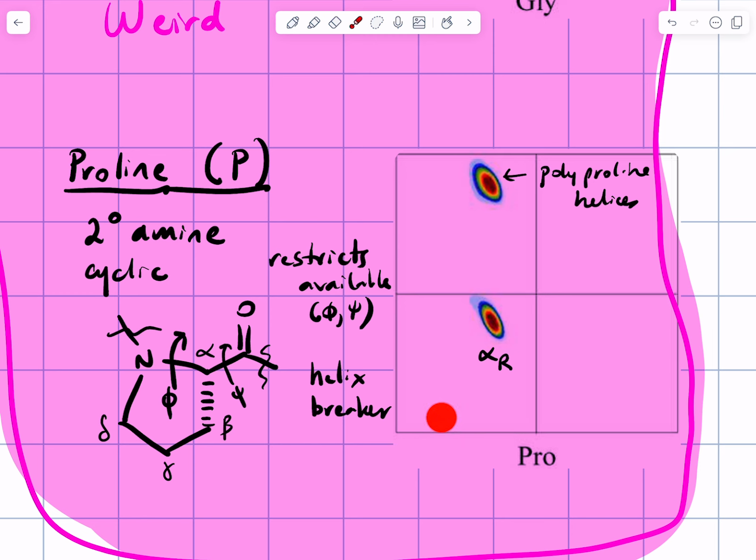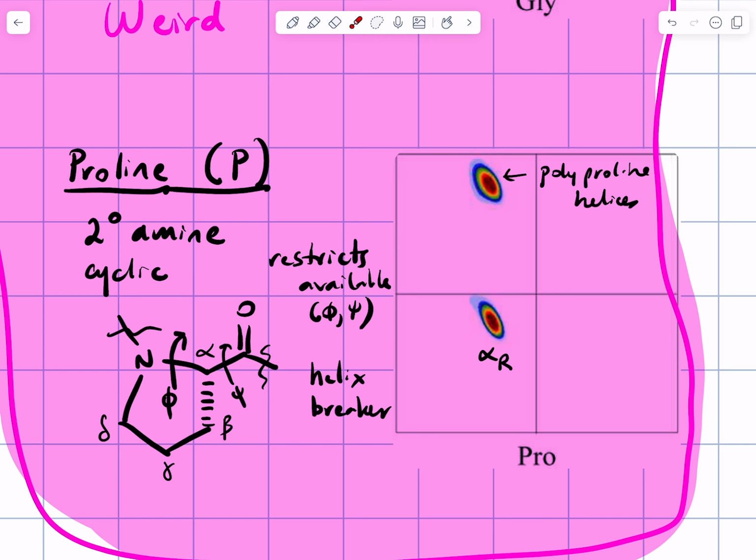It can't get to -180. That's because of the ring. The phi angle refers to rotation around the bond between the amide nitrogen and alpha carbon. And you could build a model and show that the ring prevents you from rotating around to dihedral angles of around 180 degrees. You just can't get there.